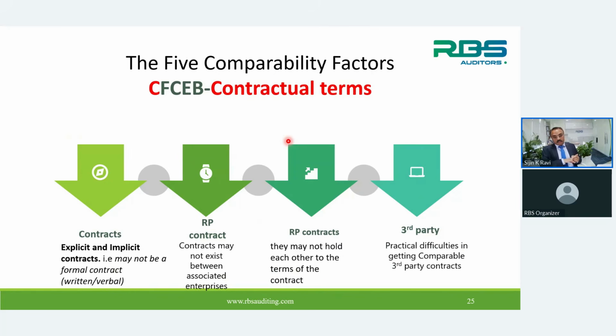So the difficulty is you have to decide what type of contract it is, and how the contract is created, whether the terms of the contract are as per an unrelated party, whether they have been created on that basis. So first, the contractual terms.